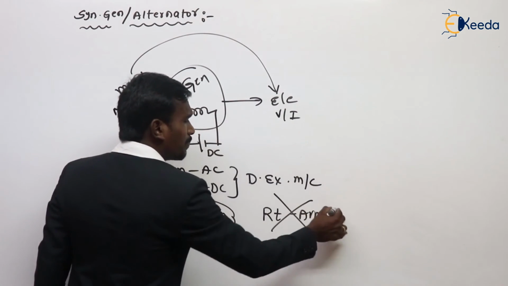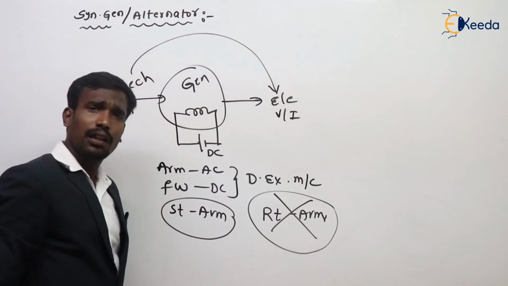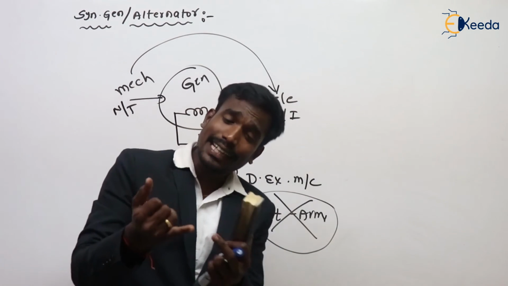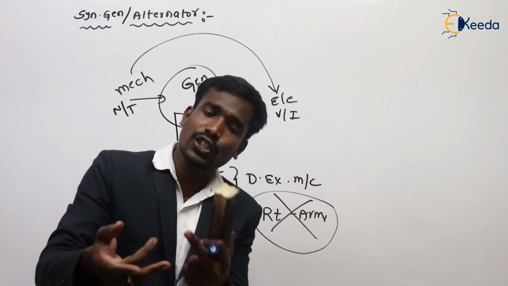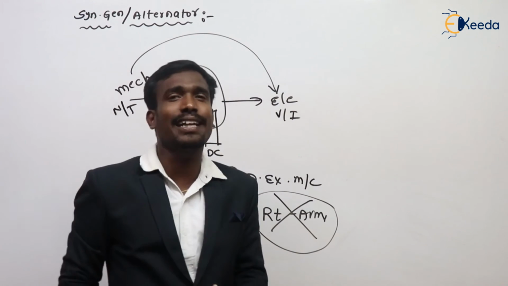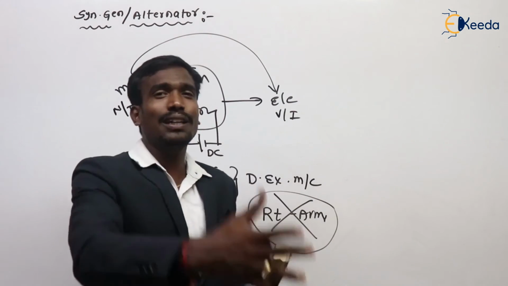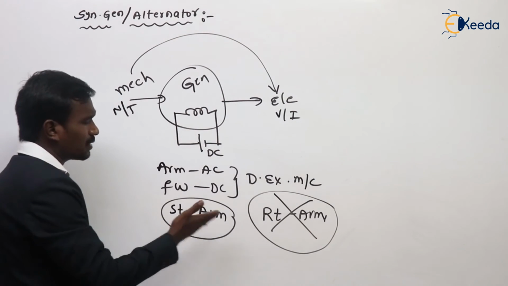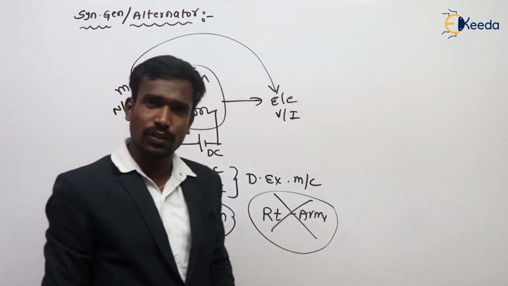The rotating armature is not preferable. The stationary armature is preferable for easy connection of current, good insulation, less cost, less maintenance, and good voltage regulation. Many such advantages are there for the stationary armature.